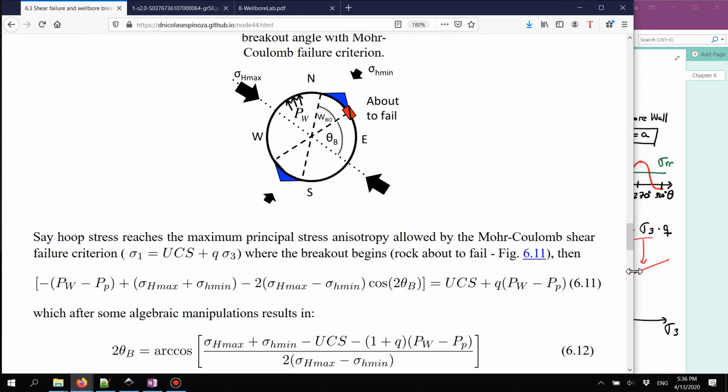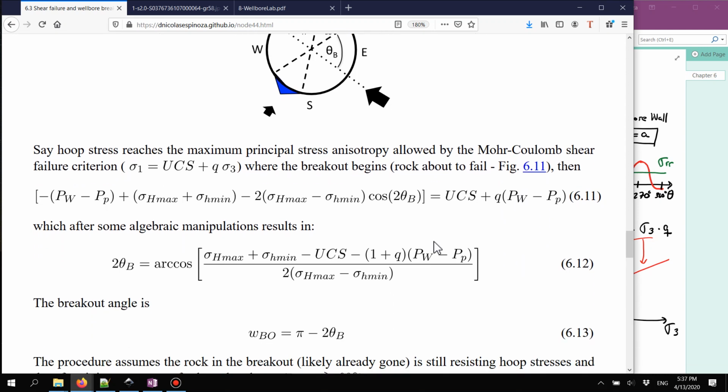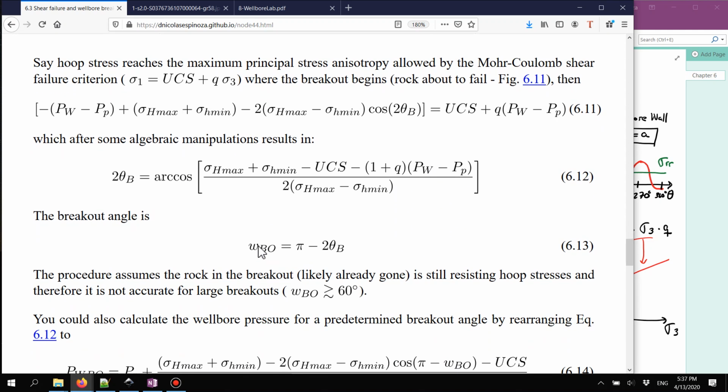It's a long equation. What you have in brackets is sigma theta theta, which in this case is sigma 1, UCS times Q, effective radial support, which is the same as before, PW minus PP. After you work with this equation, you can solve for this angle theta, which depends on the condition of the stresses and also on the effective radial stress support, which is in turn a function of the mud weight, and you can also determine what the breakout angle is.